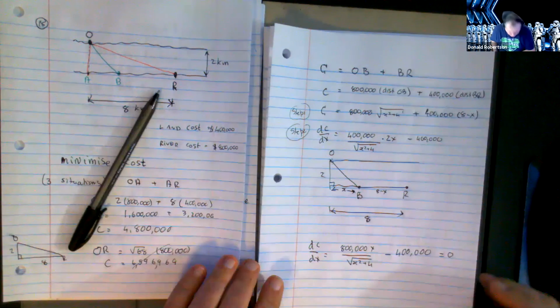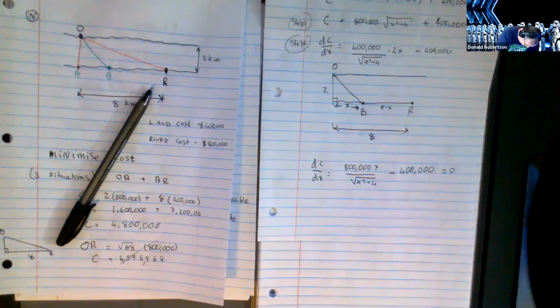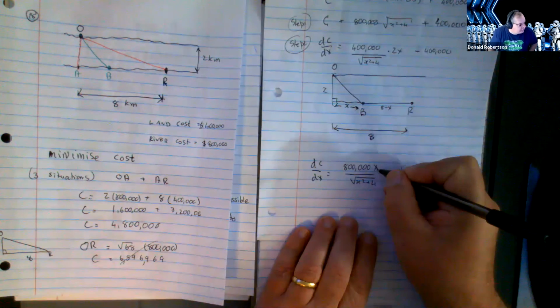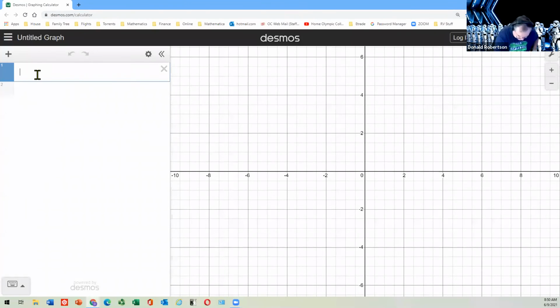Would you agree that is one ugly looking equation to solve? So let's do it on Desmos. I've been saying, look, when they get really ugly, you kind of need to improvise. So here we go. I'm going to call this function y equals, just to make it easy to type.